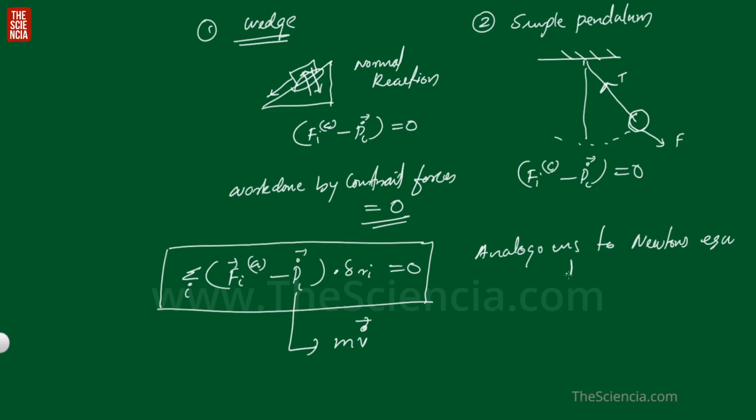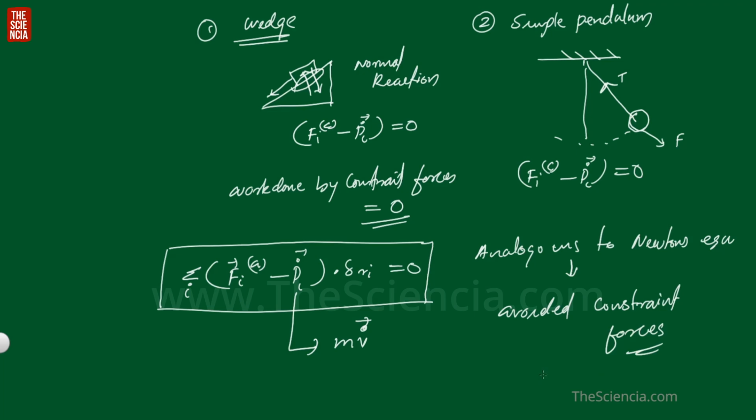But what is the difference? Here we avoided the constraint forces because constraint forces are very problematic. It is like we are avoiding some of our problematic people.